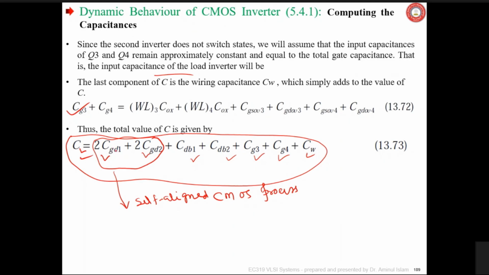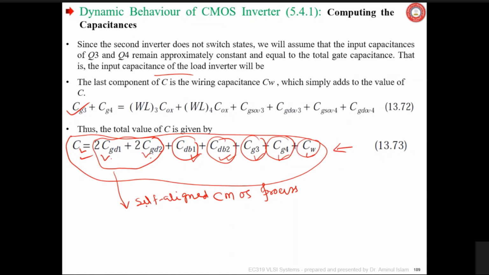If you consider all the capacitances, then this is the load capacitance equation: 2 CGD1, 2 CGD2, where one is for the N MOSFET and the other for the P MOSFET; CDB1, CDB2, that is drain to body of N MOSFET and drain to body of P MOSFET; CG3, CG4, and wire capacitance.